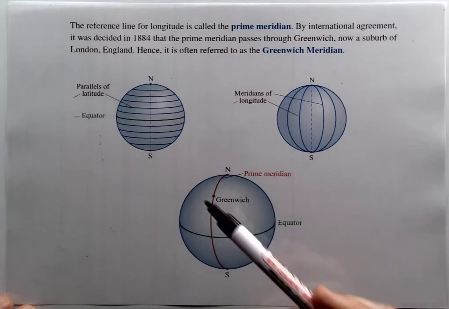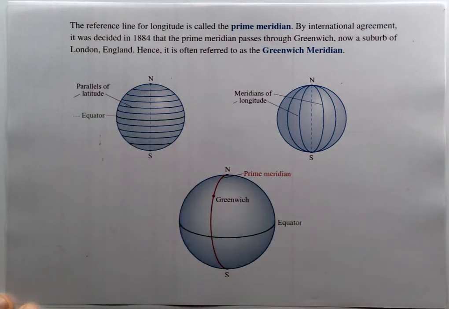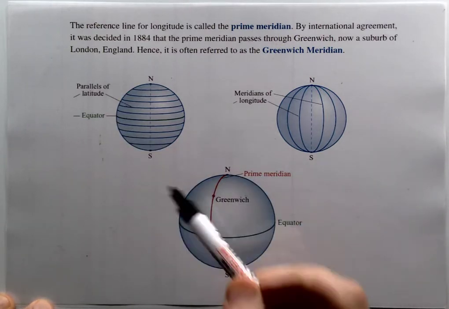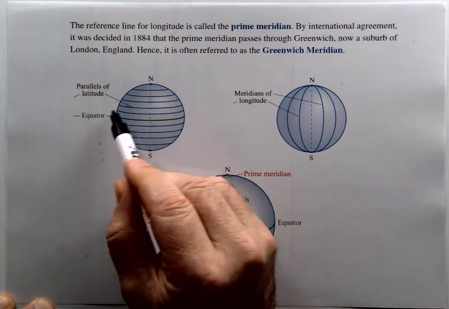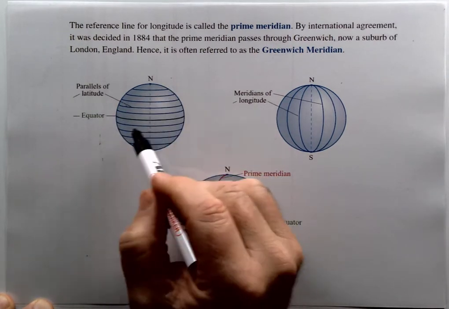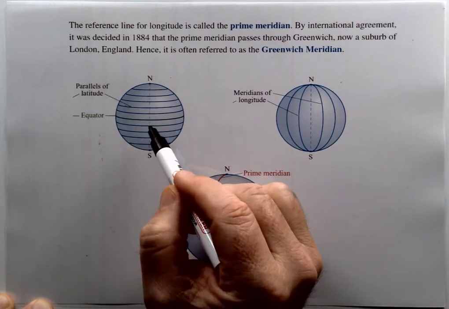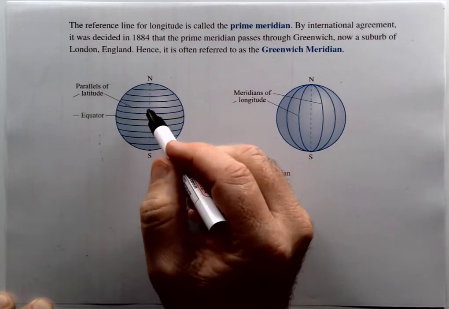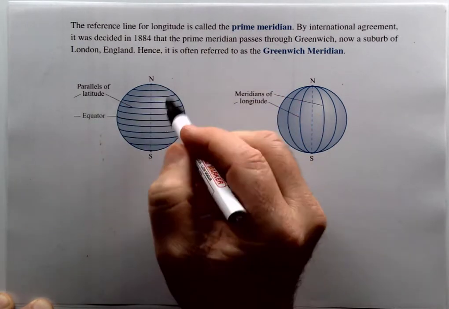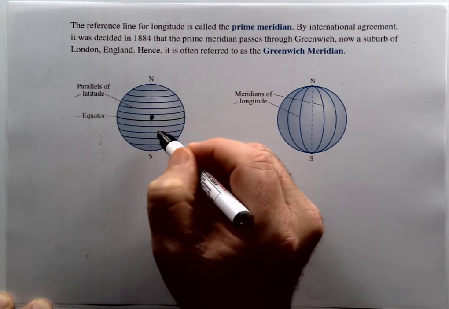Okay, so basically the lines of latitude are very easy to sort out. You start with the equator, which is the only one of these lines of latitude that's a great circle. Obviously that's halfway between the North Pole and the South Pole. Imagine the centre of the Earth would be something like that.